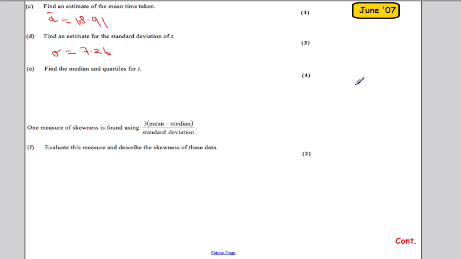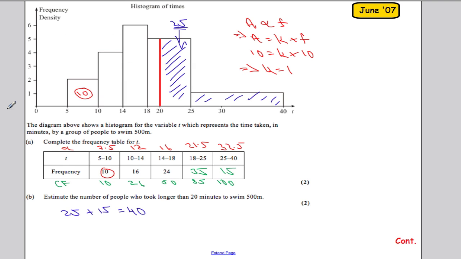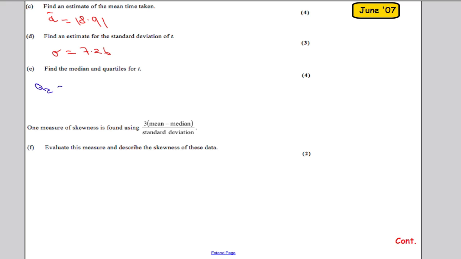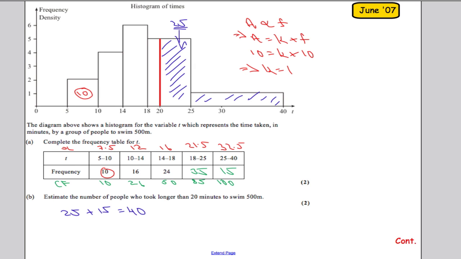So the median, Q2, if there's 100 people, is going to be the middle person, or the 50th person. The 50th person is right at the end of this group, so it's 18. You could do it using interpolation, but it's very quickly done this way. So Q2 is 18. Let's do Q1, which will be done in a similar way. It's the 25th person if we've got 100 people.